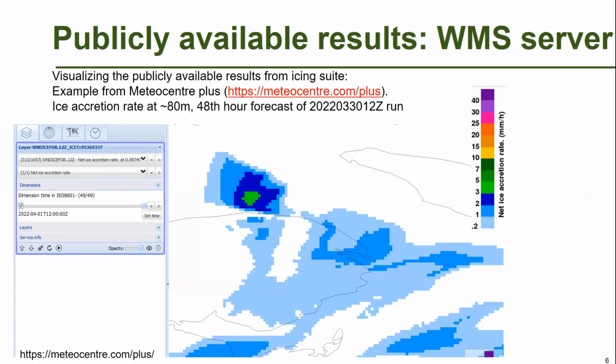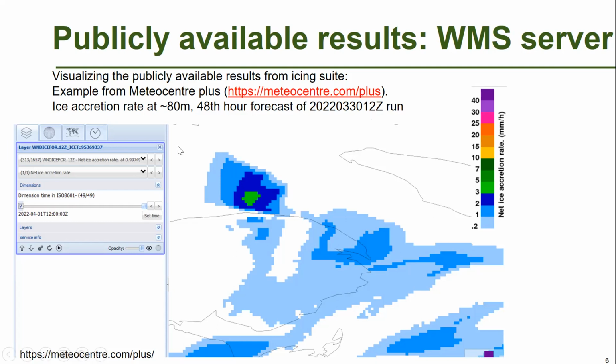I used it in this case to visualize our experimental icing results that are made available publicly, as seen in the screen capture that shows an ice accumulation as forecast to occur in this zone here in millimeters per hour at a level of about 80 meters for the 48-hour forecast of this run in late March this year.